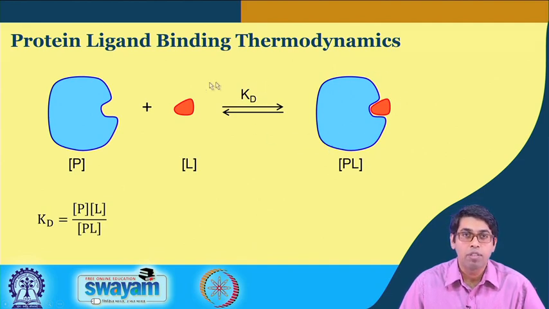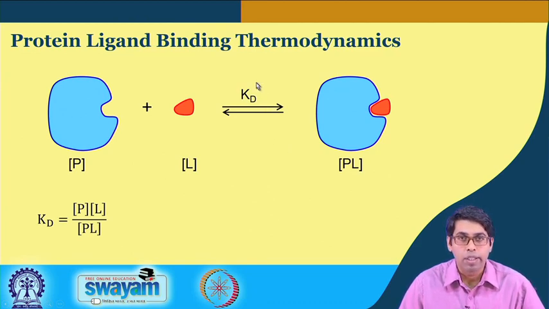The equilibrium constant of this type of interaction, this is the simplest interaction that I have shown here. It can get complicated where one protein is bound by 2 ligands, or in the case of DNA, one DNA can be bound by 2 or even more proteins. Those things can complicate this equation, but this is the simplest form.